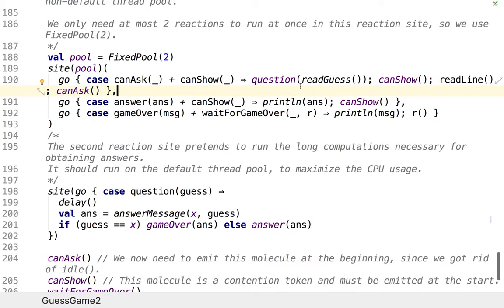And as we have seen by analyzing when these things can run, only 2 of them at most should run in parallel, and so parallelism of 2 is sufficient. Now this pool will have 2 threads that are mostly idle because all they're doing is waiting for the user to enter things or printing things, which is very fast.